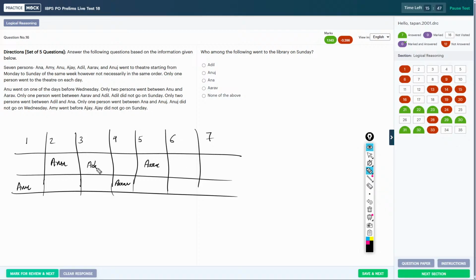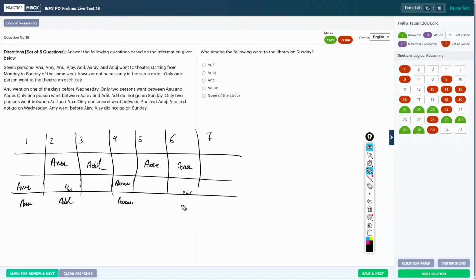So Adil can be here or can be here. Only 2% between Adil and Anna. Anuj did not go on Wednesday. Okay, let me just take another projection.